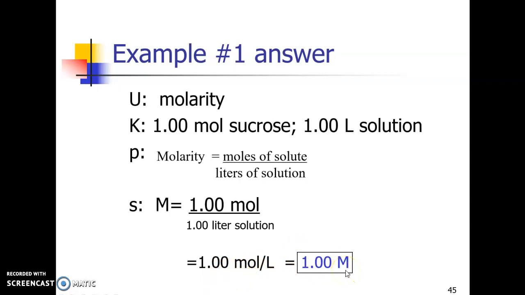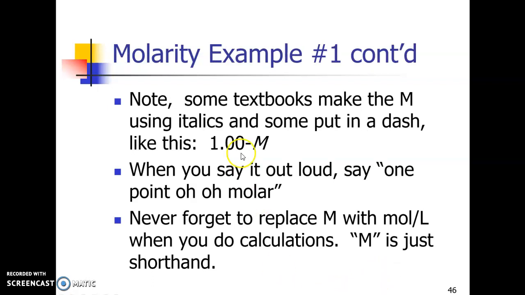Okay, and that's how you say molarity. Or you could say moles per liter. So 1.00 moles per liter, or 1.00 molar is how you would say that. Okay, and this summarizes that, so 1.00 molar.